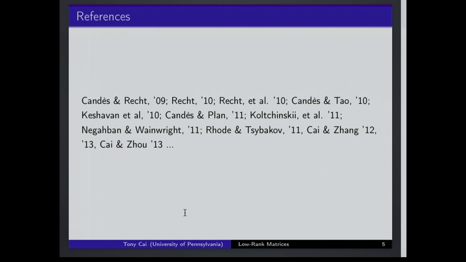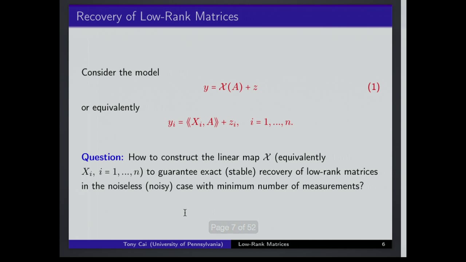So a major question is, how can we design or construct a linear map X, or equivalently those measurement matrices Xi, to guarantee exact or stable recovery in the case of noiseless or noisy setting with minimum number of measurements.